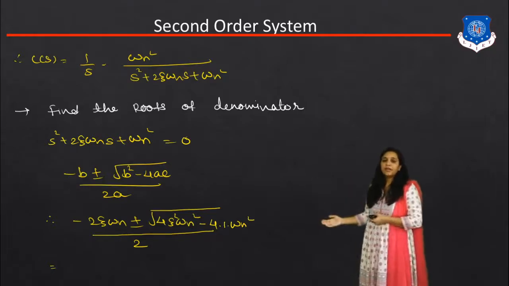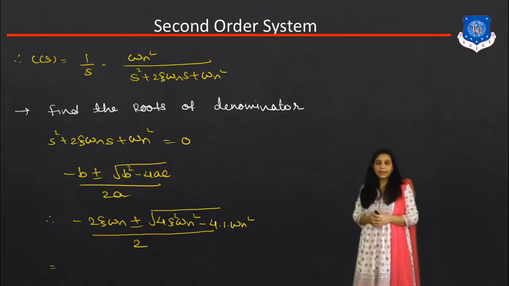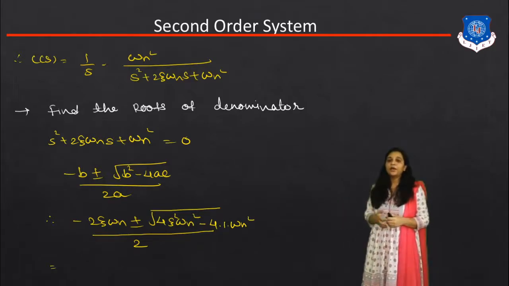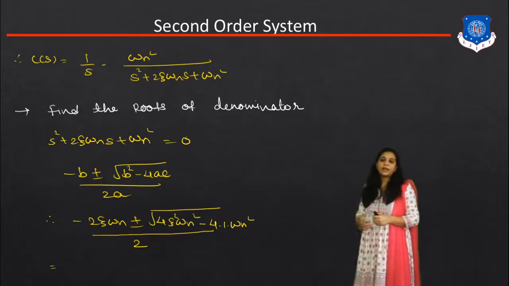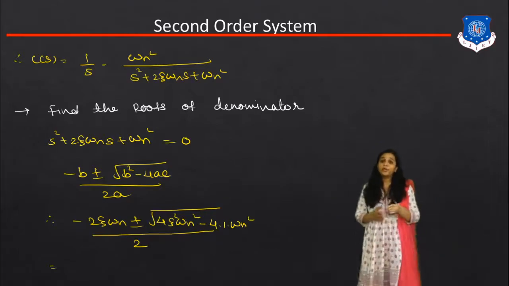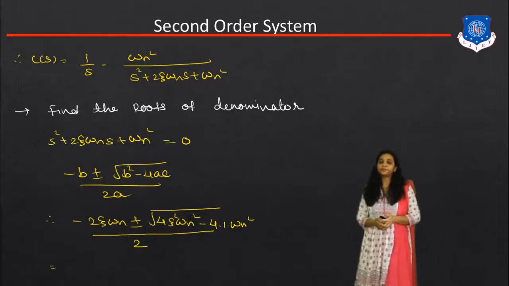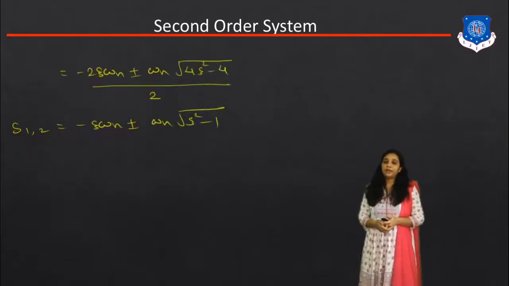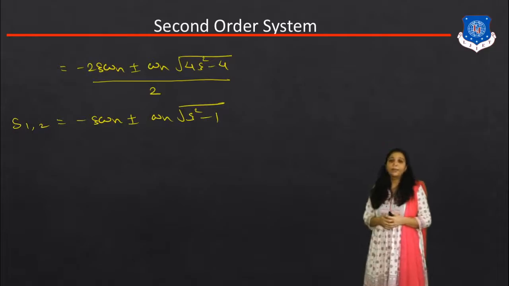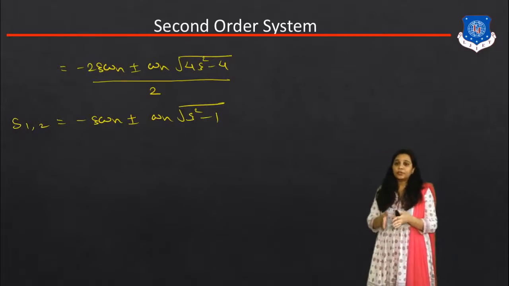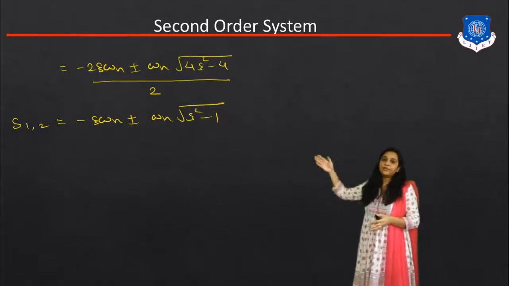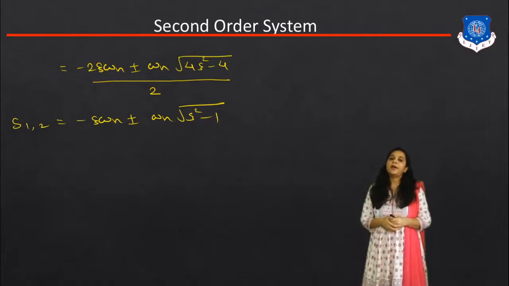So the equation becomes minus 2 zeta omega n plus or minus under root of 4 zeta square omega n square minus 4 into 1 into omega n square, divided by 2 into a. We get minus 2 zeta omega n plus or minus omega n under root of 4 zeta square minus 4, divided by 2.